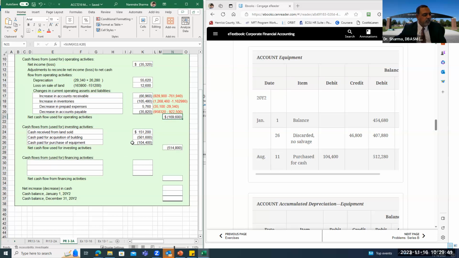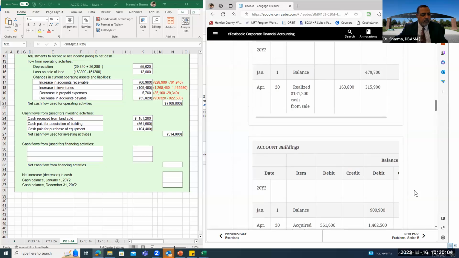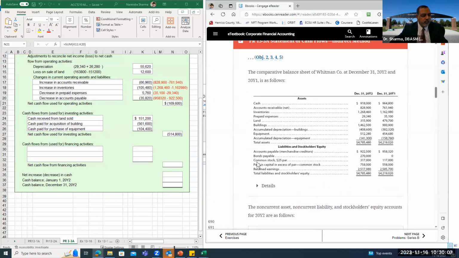So of course, this company hasn't been doing great because it has a negative operating activities, and of course, usually investing activities are normally negative. But cash flows from financing activities, we are going to look at two things. That is the change in the liability and owner's equity.